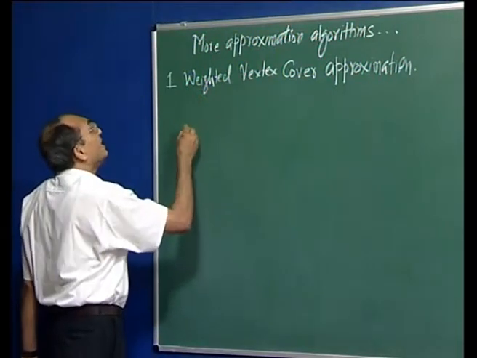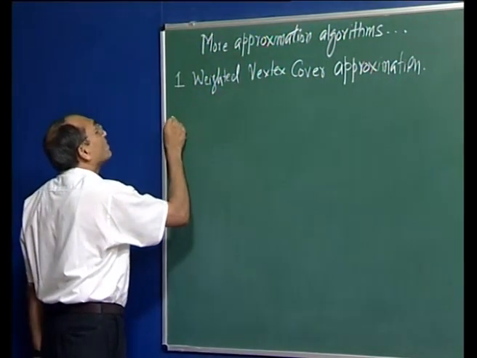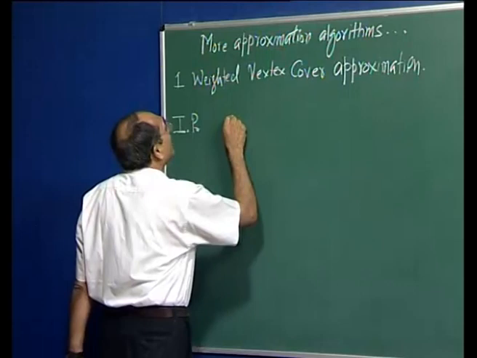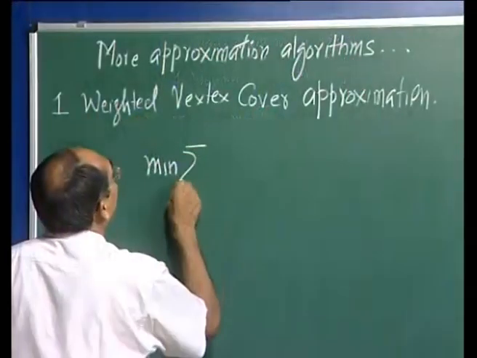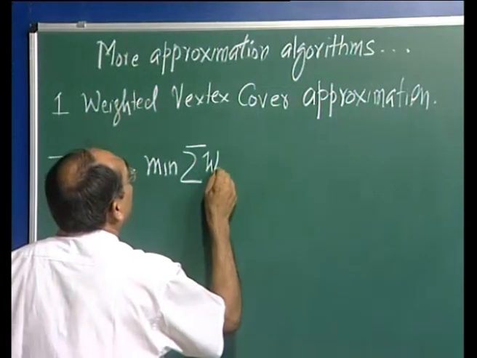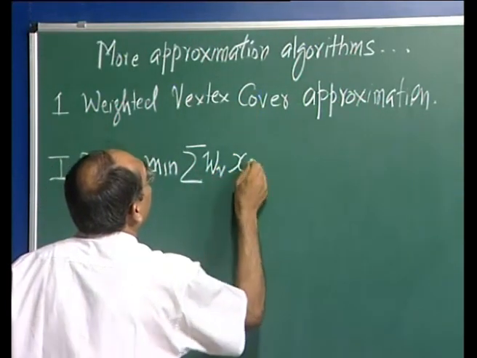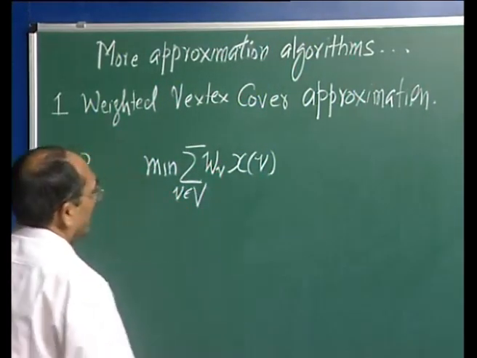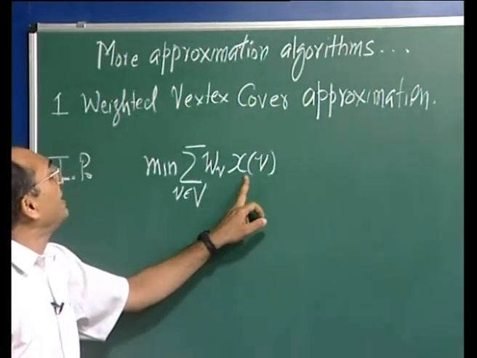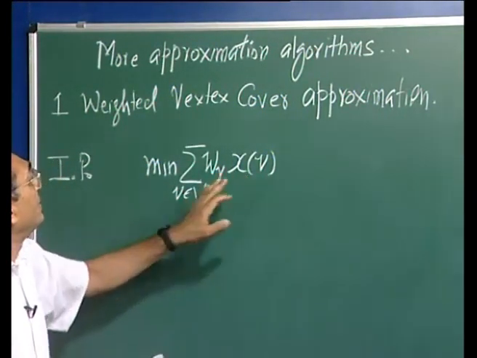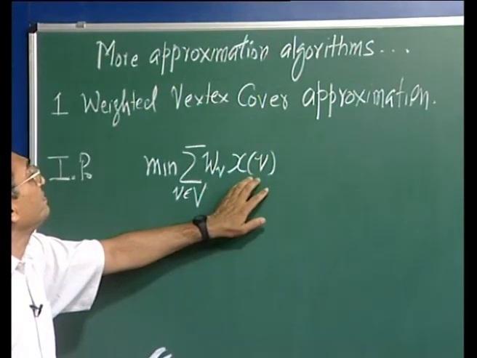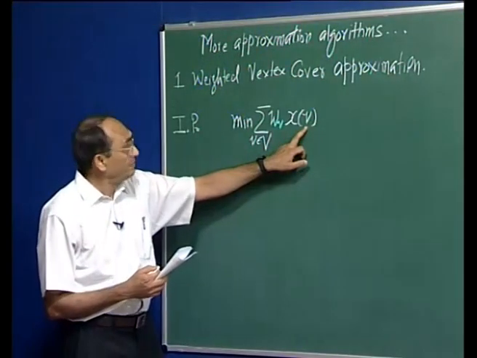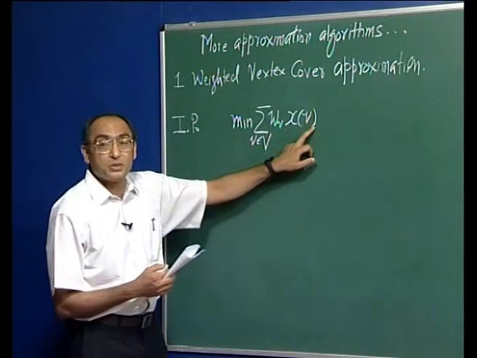So, one way to describe this problem is writing an integer program, and here we are trying to minimize the sum of W_V X_V. X_V will represent here a characteristic function which is 0 if vertex V is not in the vertex cover, otherwise it should be 1.